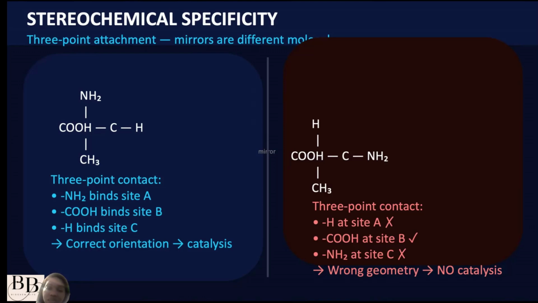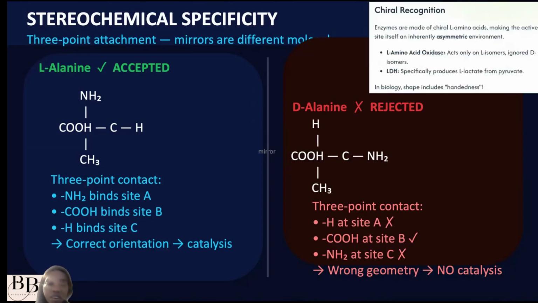As in the example you can see on the screen, L-alanine is acted upon by a specific enzyme that recognizes the levorotatory image, while D-alanine is acted upon by a specific enzyme that recognizes the dextrorotatory image. This chiral recognition is what gives the enzyme that inherent asymmetric recognition of its environment.